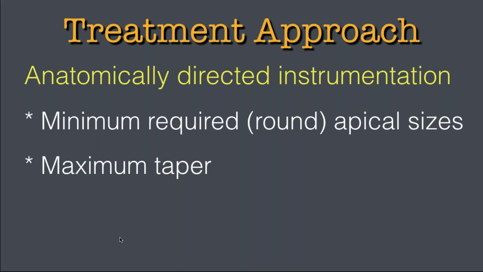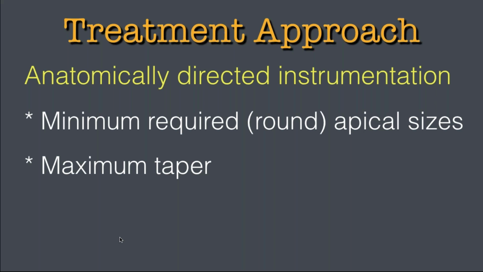Now, why I emphasize round apical size is because the traditional files that we have today, whether they're stainless steel files or nickel titanium files, they make a round shape. And that round shape is not the shape of the true anatomy. But we still need a minimum round shape, and I'll tell you what those sizes are in diameter, and also the reason for those minimal sizes.